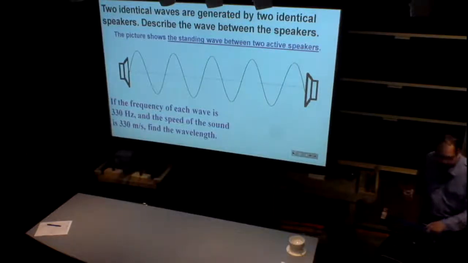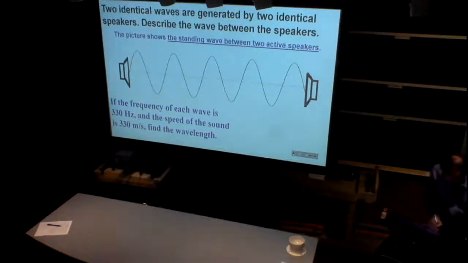The wavelength of this wave is the distance between these two antinodes which are in phase, or the distance between these two nodes. This is a wavelength. This distance is a half of it. And let's say this distance is a quarter of it.